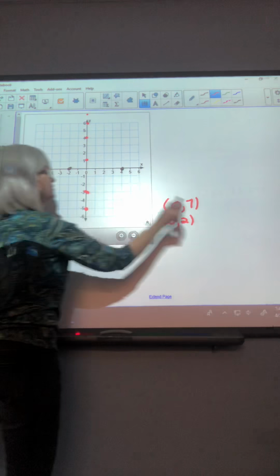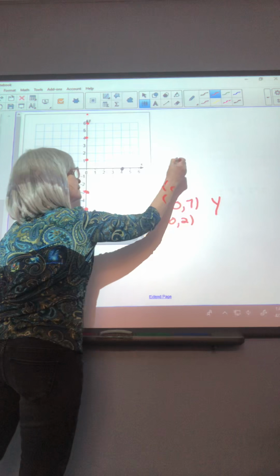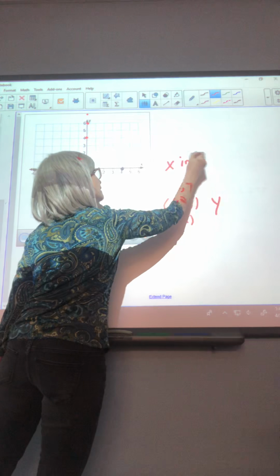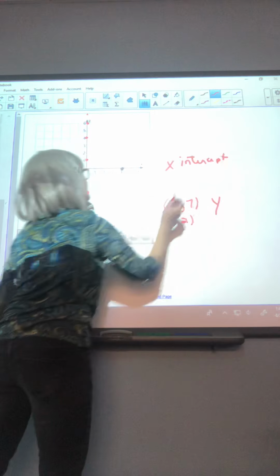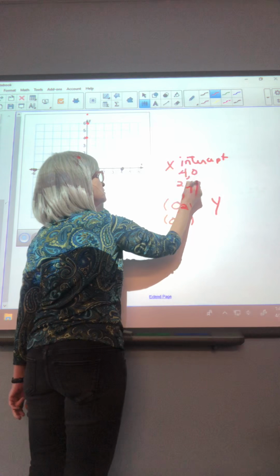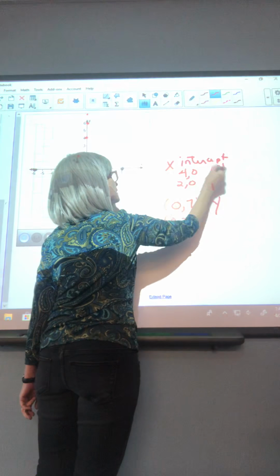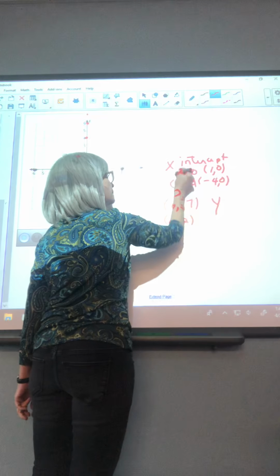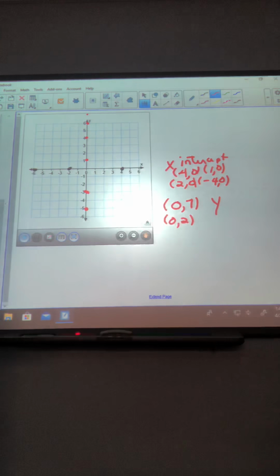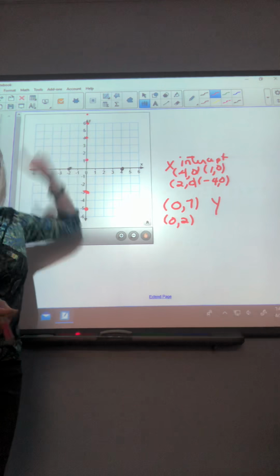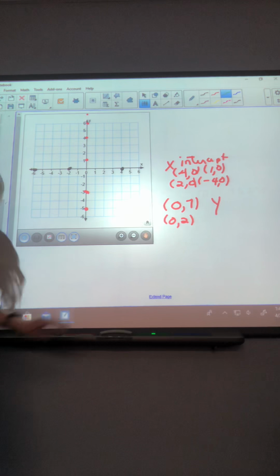And the x-intercept will always have a number first, like 4, 0, 2, 0, 1, 0, negative 4, 0. Okay, so the x-intercept has the numbers first, y-intercept has the 0 first.